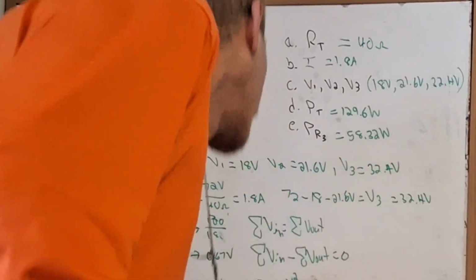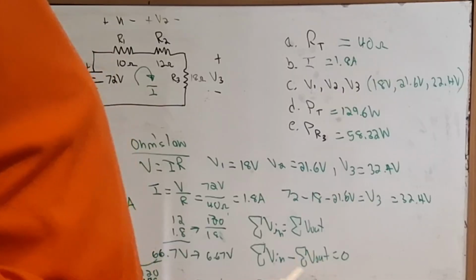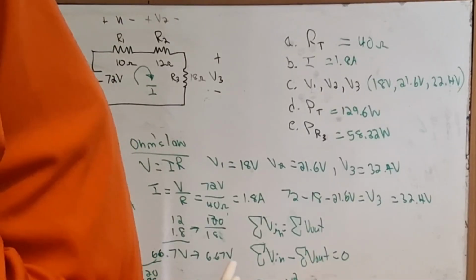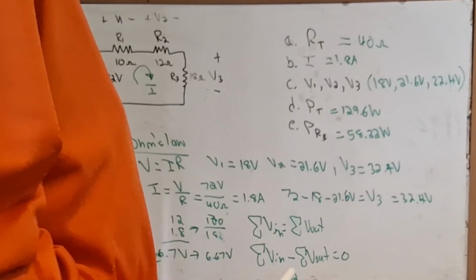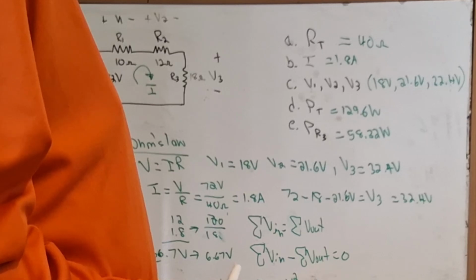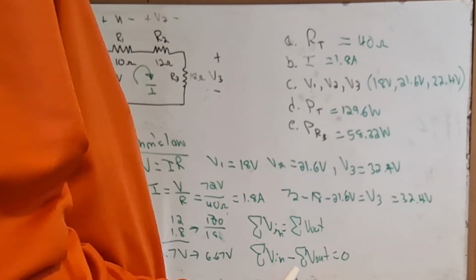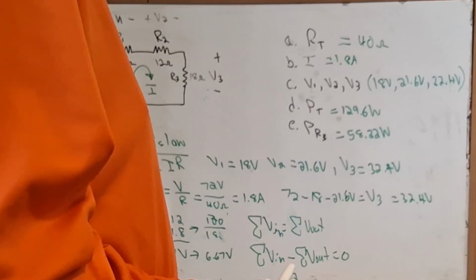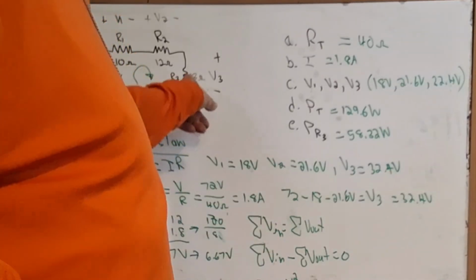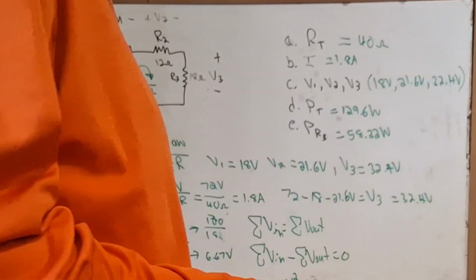Okay, now I could do the same thing by taking 72 squared and divide that by 18. Oh, not 72 squared, sorry. The voltage drop across V3, which is 32.4.